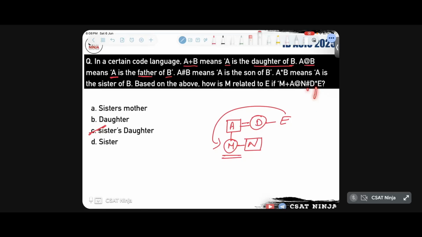And H represents son, at the rate represents father, and plus represents daughter. So sister's, son's, father's, daughter. That means directly we are seeing that sister's daughter there.